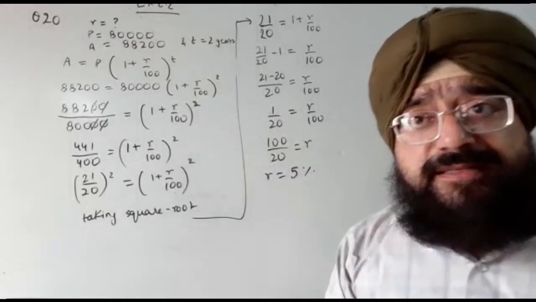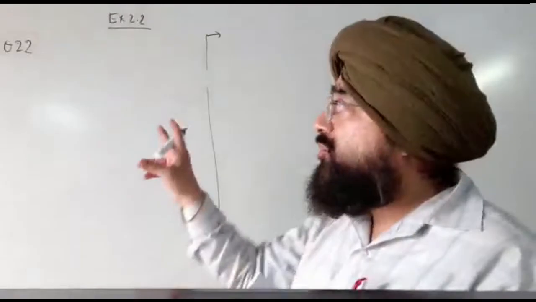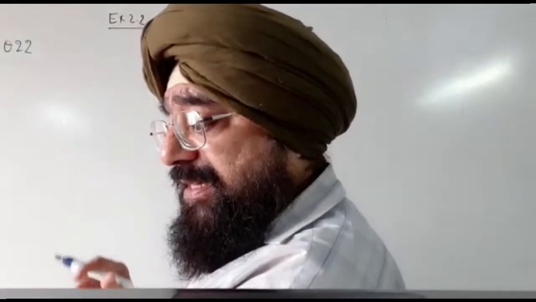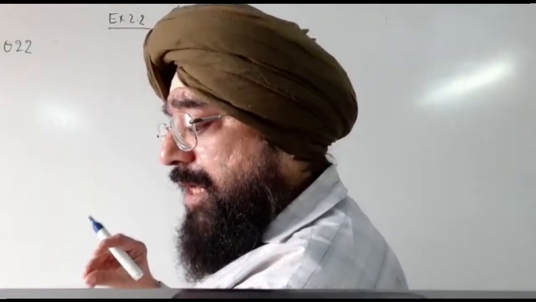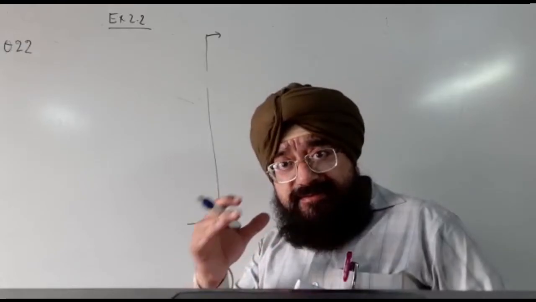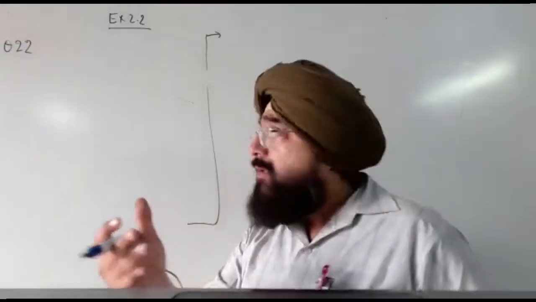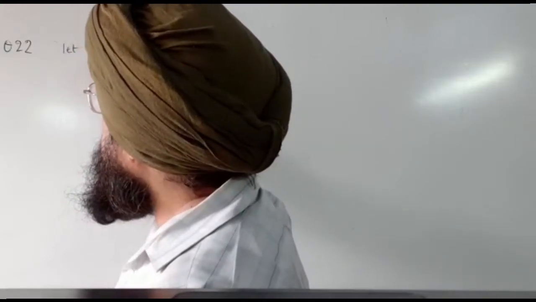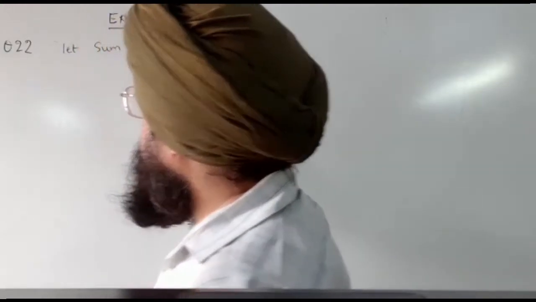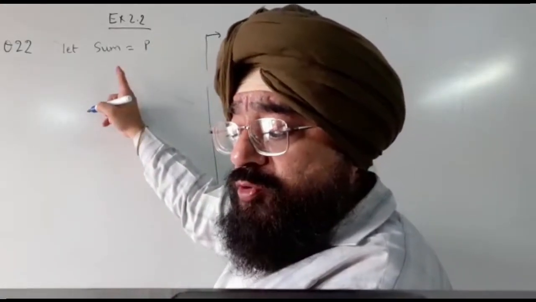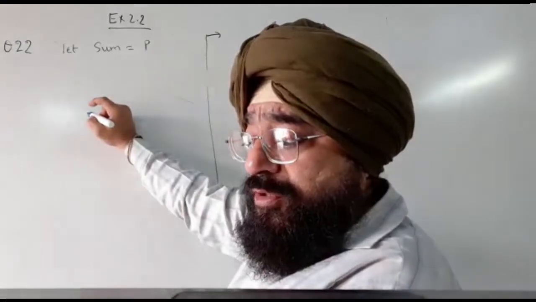Hope you understand this. Question number 22 from exercise 2.2. It says that a certain sum amounts to, we don't know, I mean what principal. It says certain sum, but that means the sum, that is the principal. I assume that let the sum be P. So that certain sum, which is P, amounts to rupees 798.60 after 3 years.